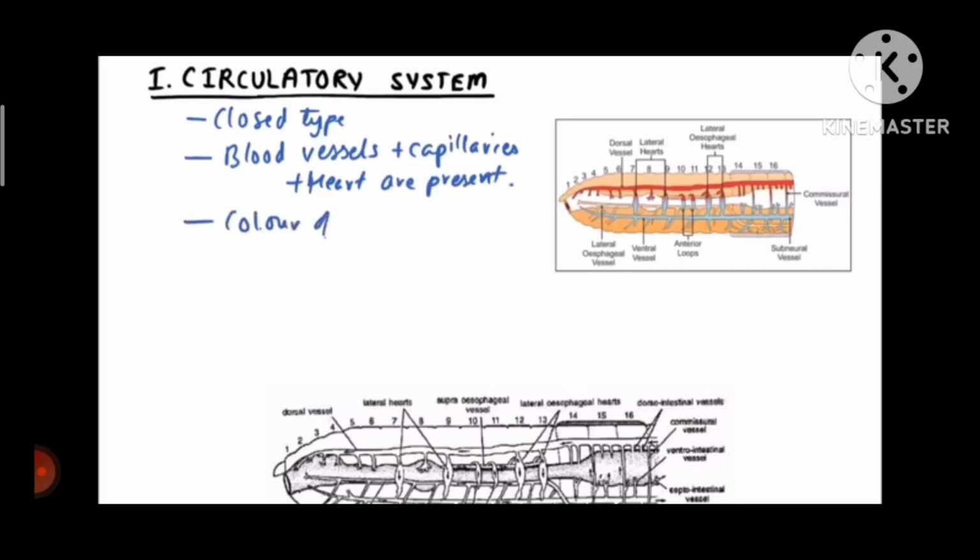Color of blood in Earthworm is red. It is because of hemoglobin dissolved in plasma.